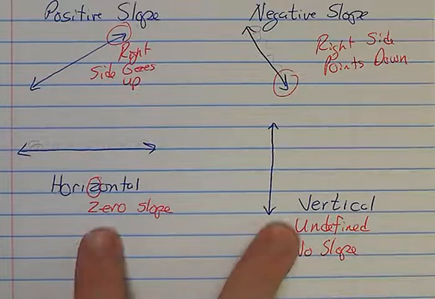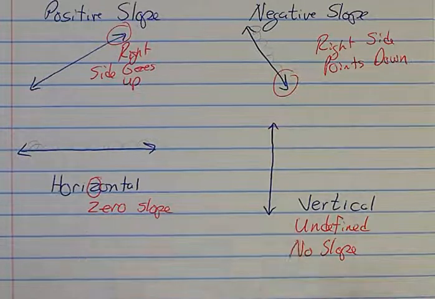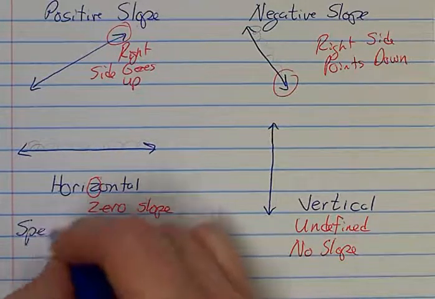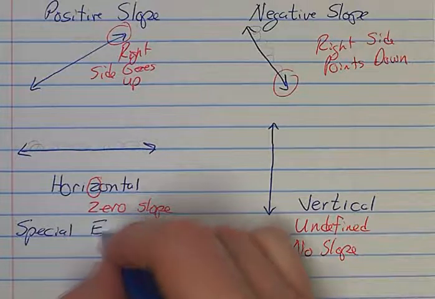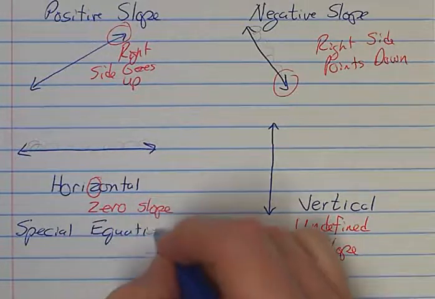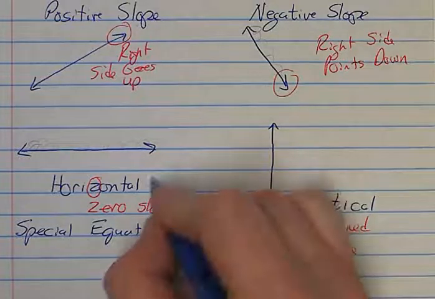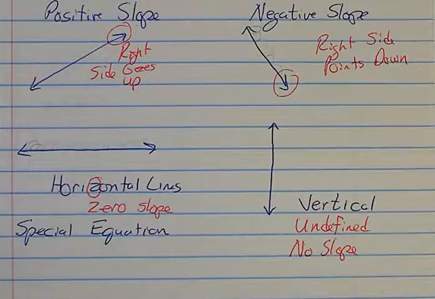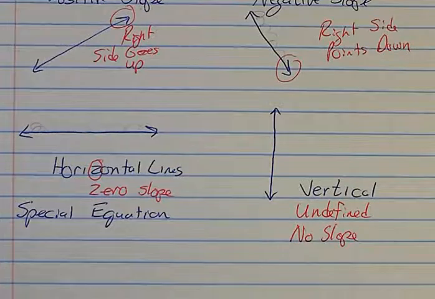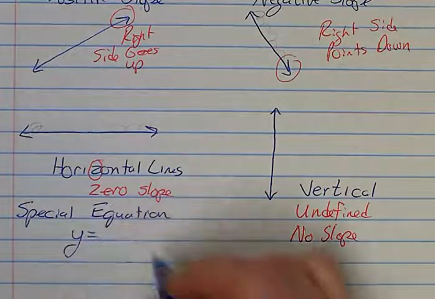Alright, now, since these two are special lines, they also have a special equation. And that special equation for this one is it's going to be y equals just some number.